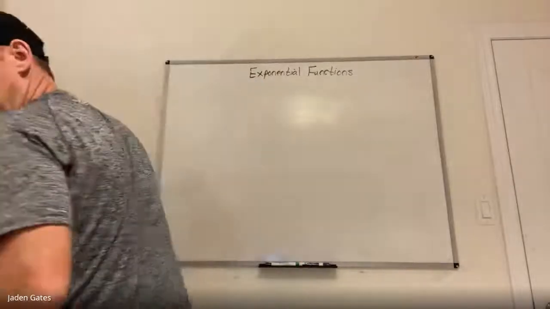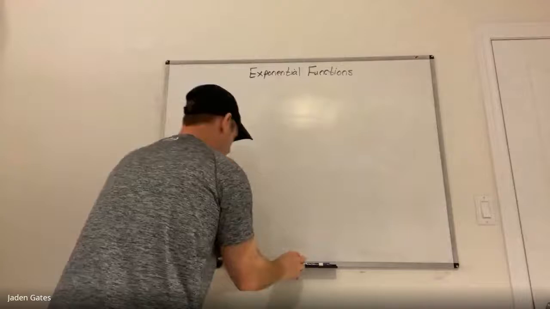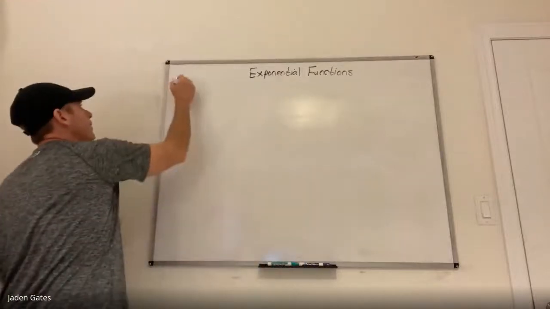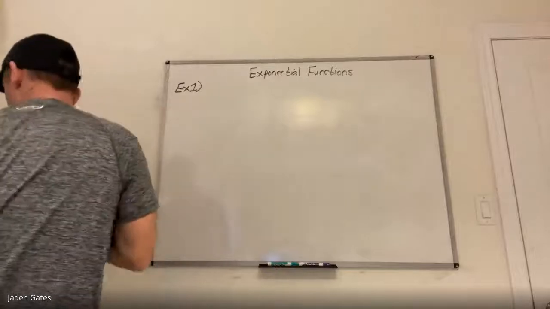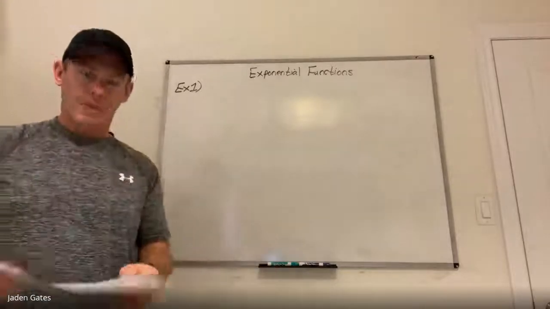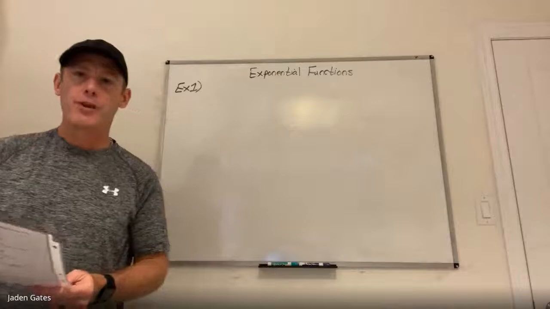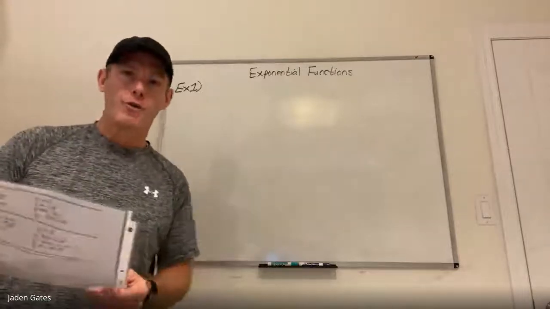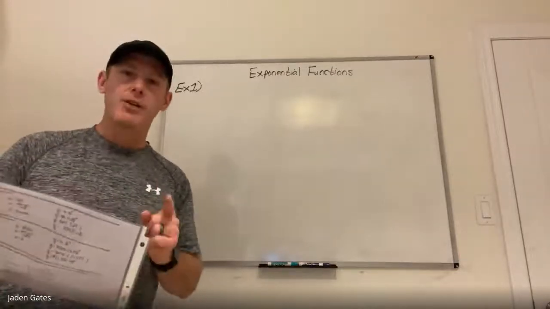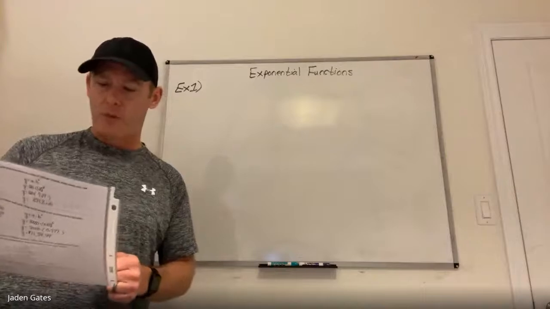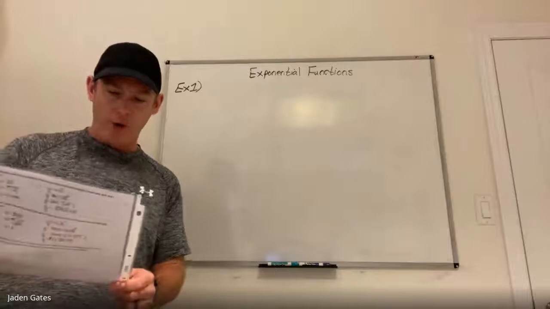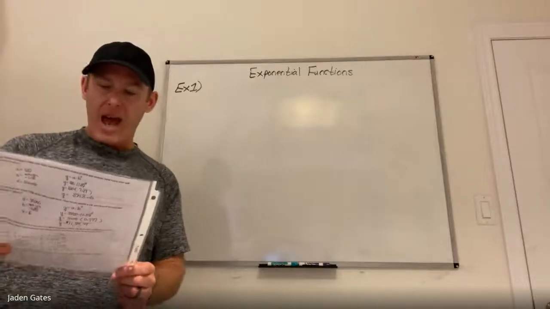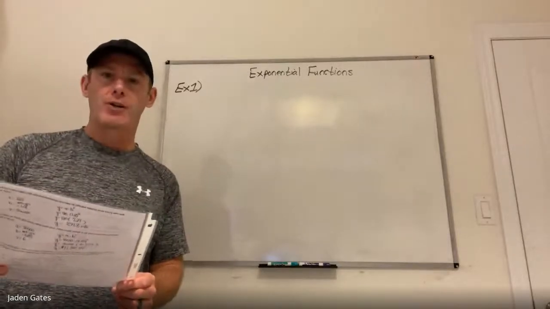Example number 1 says, a house bought at the end of 2010 for $200,000 has increased in value at a rate of 4% per year. How much should the homeowner expect their house to be worth at the end of 2021?